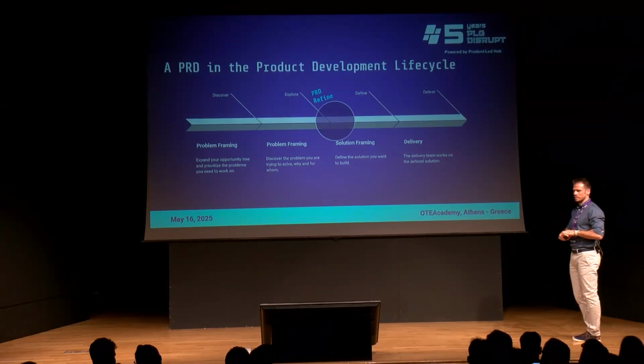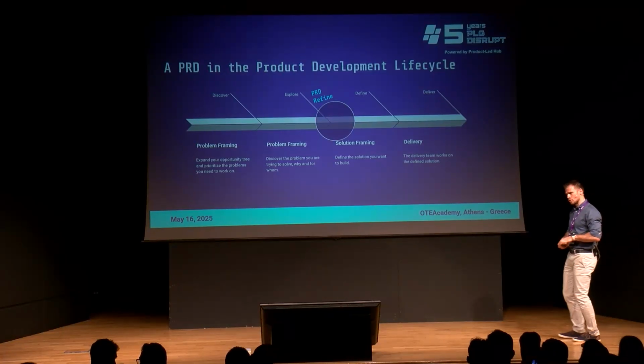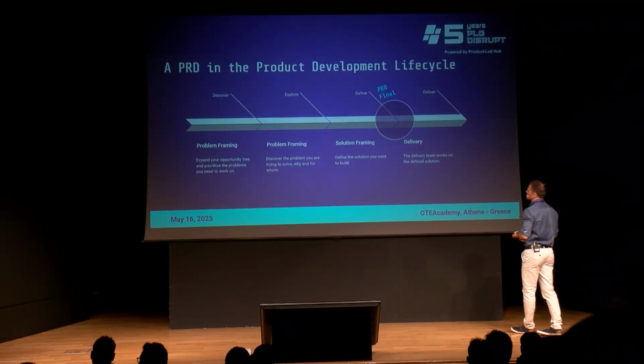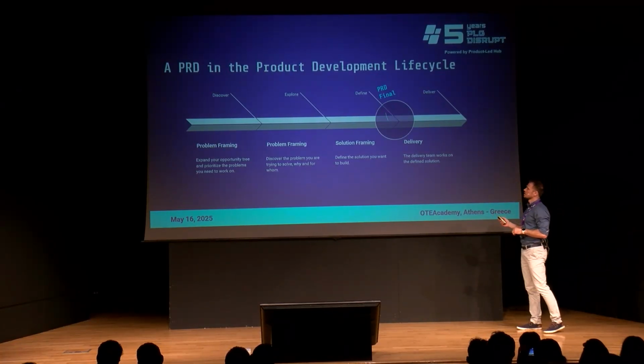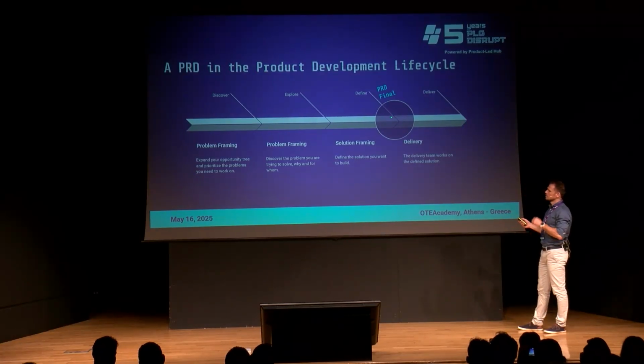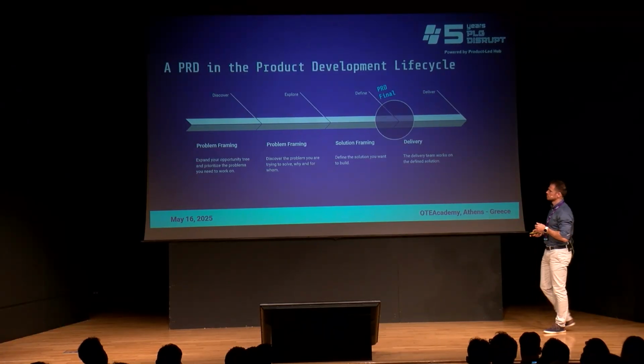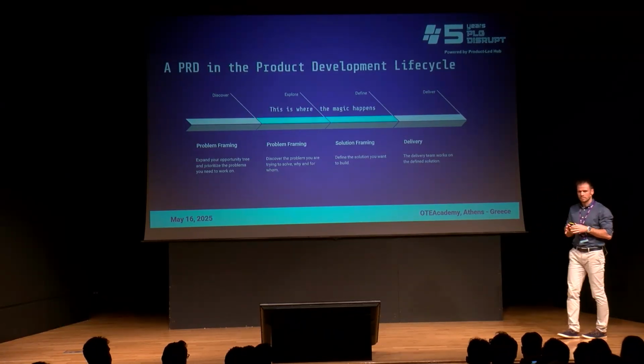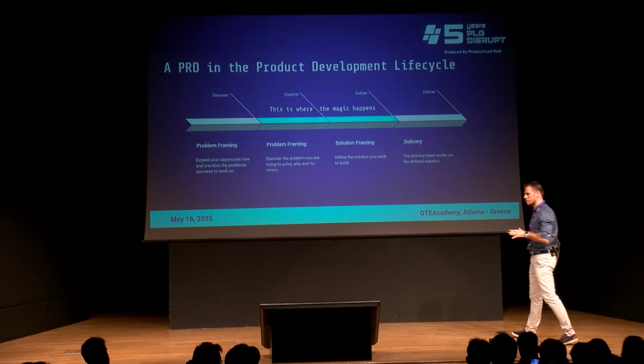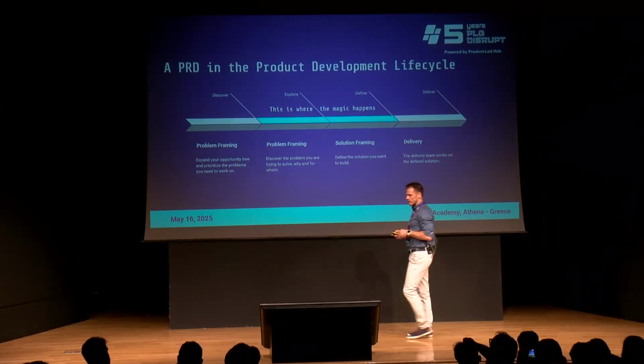And then you keep writing the PRD. And then you ship it. Somewhere here, you have the final version, okay? And actually, the development team gets what they have to do. So this is where the magic happens. This is where we will focus here.